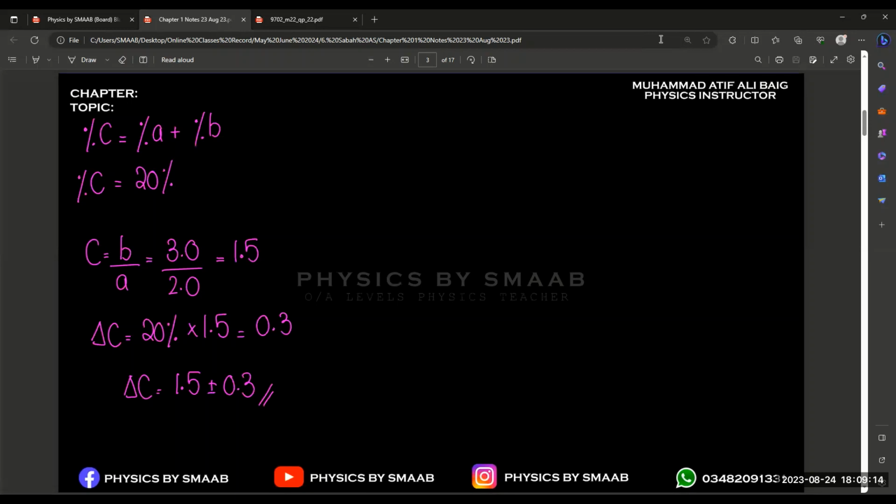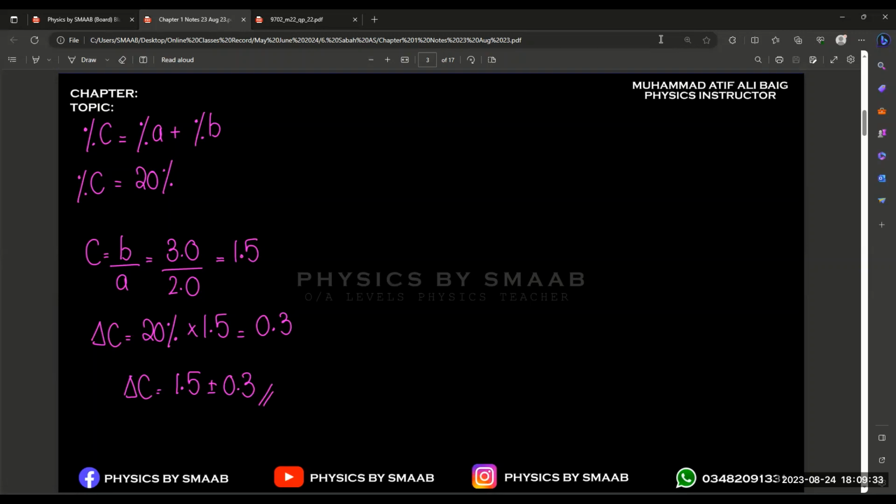And we also solved one question related to that, that if two quantities are dividing, we can find out their values by calculating their individual percentage errors, and then we place them in the division formula, then we divide their percentage errors, right? Not their actual values.